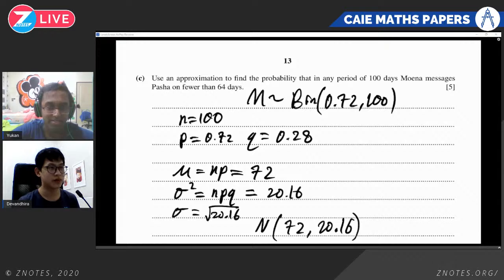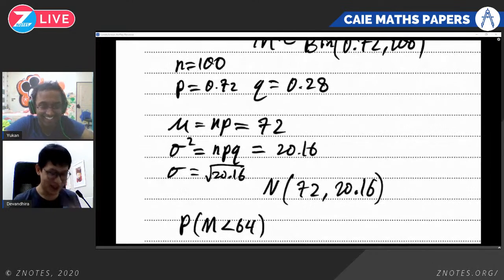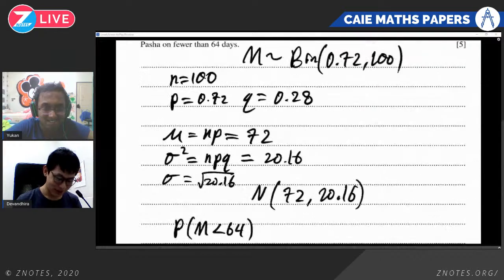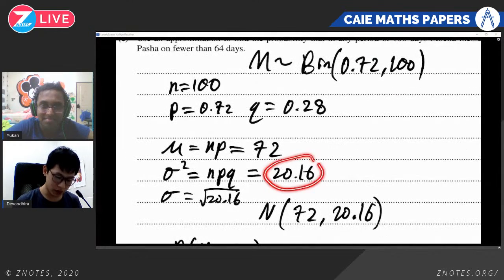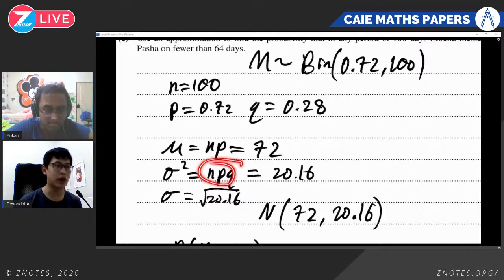That is npq. So when you do npq, you get 20.16. But don't forget that is still the variance. npq is the variance. So if you want to find the standard deviation, you have to take the square root.